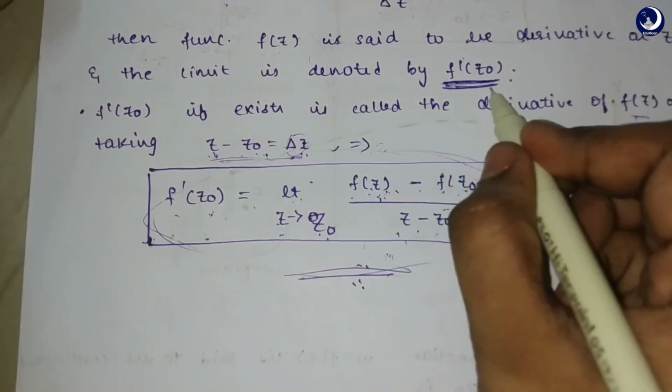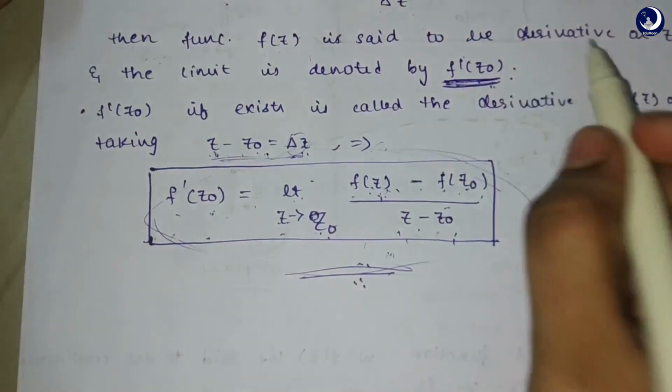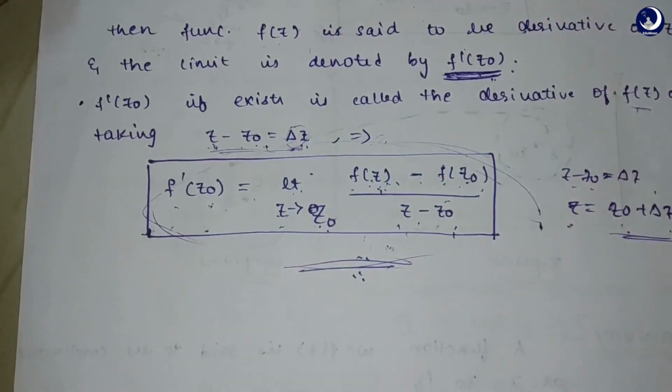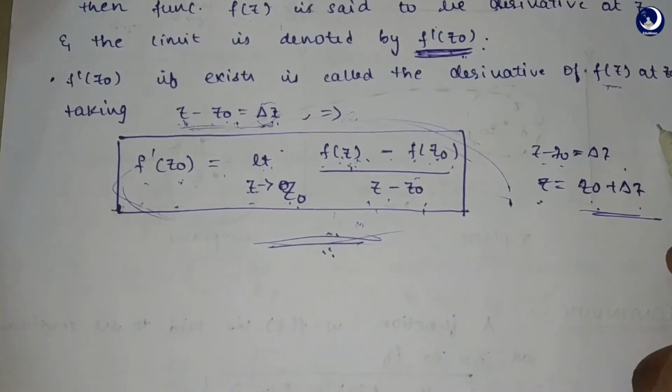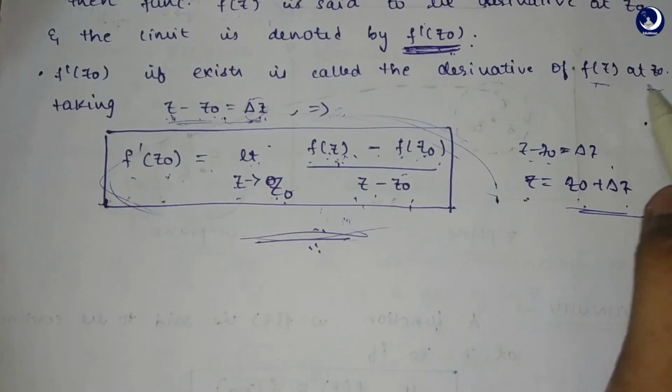If this f dash of z0 exists, it is called the derivative of f of z at z0.